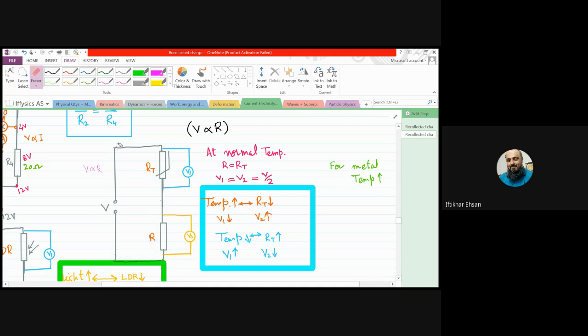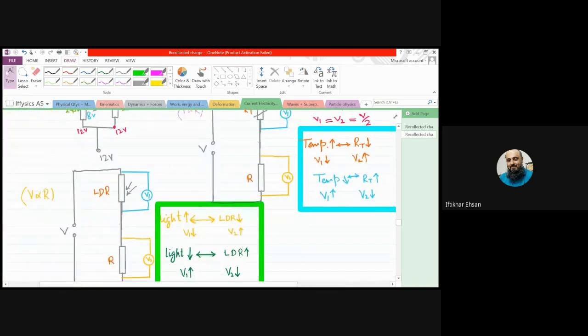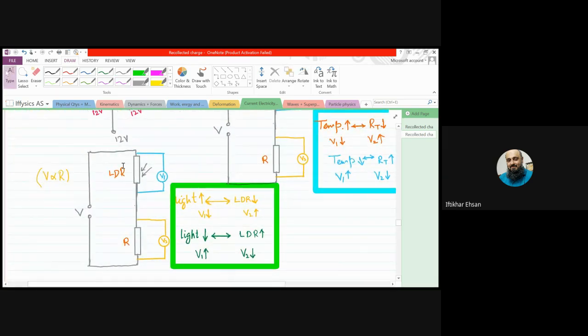Again, we are practicing the same relation, and the same happens when there is an LDR in place of the thermistor. The difference is that the thermistor changes with temperature and the LDR changes with light. The LDR has an inverse relation with light, like the thermistor with temperature.